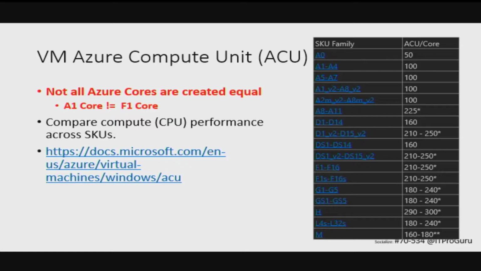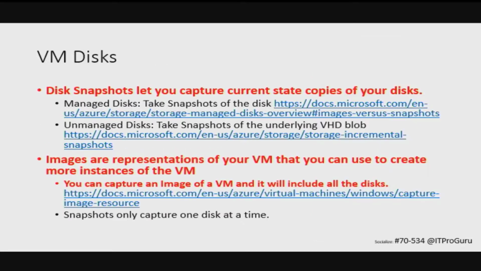So if all you're basing on are cores, the temp disk, the RAM, the premium storage capability, all those other VM features are not as important. You may also want to look at that, since an A1 is not going to be as powerful as the DS1v2. So just something to realize.